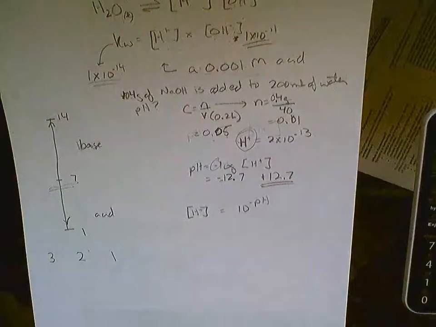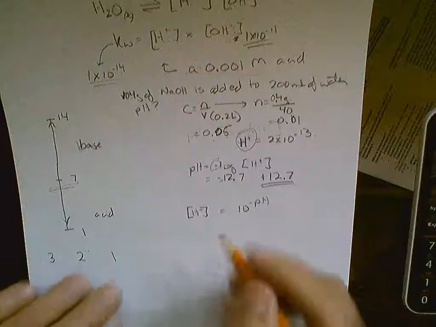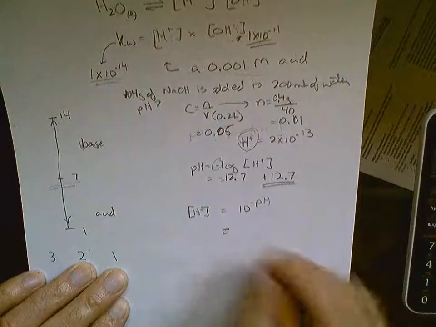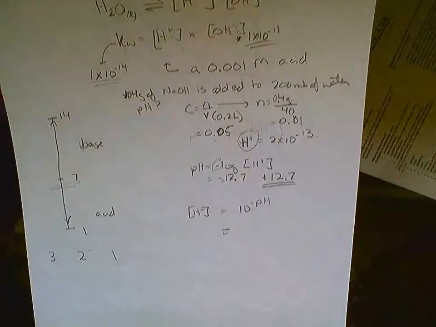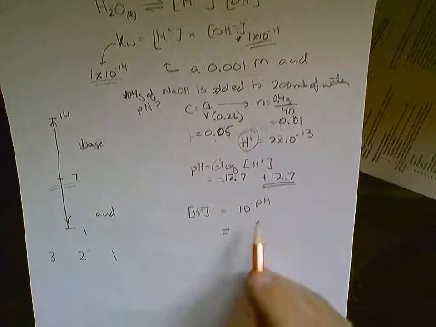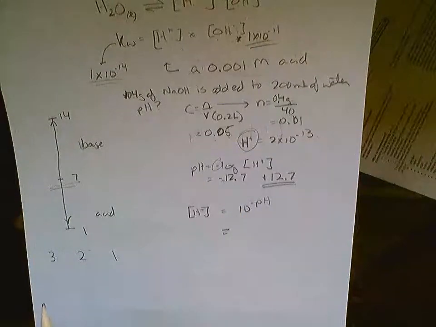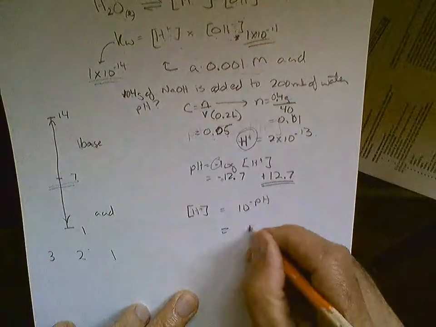So that's our pH. Folks, if they ever give you a pH and they want you to get the concentration, all you do is find the second function of that. Now, every calculator is different, but what you want is the opposite of the log. So you want the 10 to the x button.